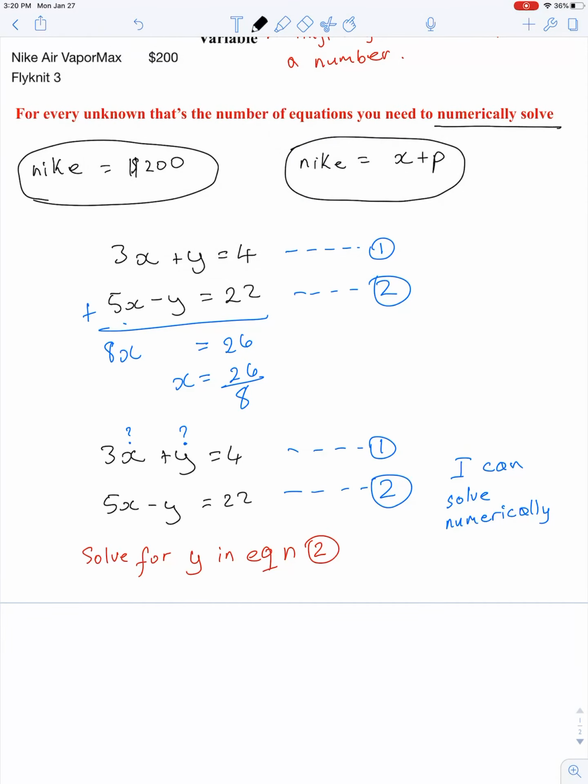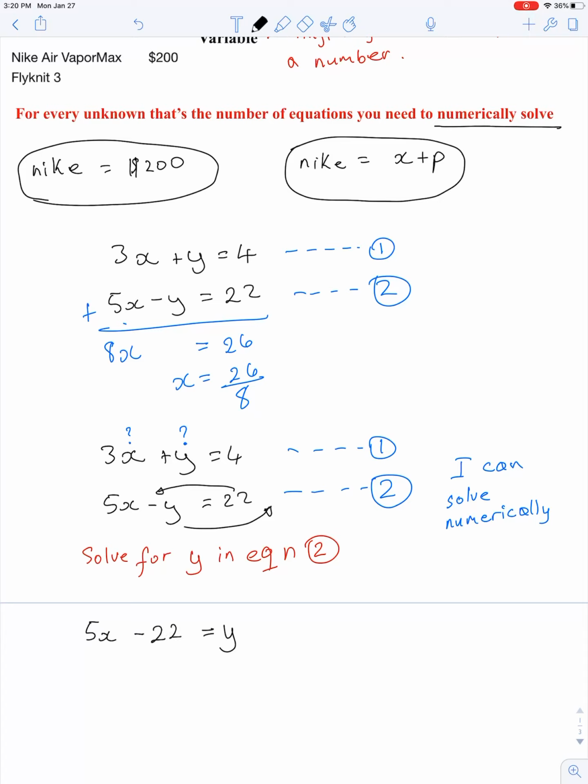I'm under the impression you know how to rearrange equations. I would move the y over here, move this over here, and I'm good to go. So I'll have y is equal to 5x minus 22. Because once it comes over there, then it becomes a negative.